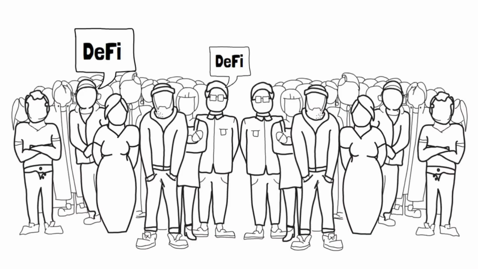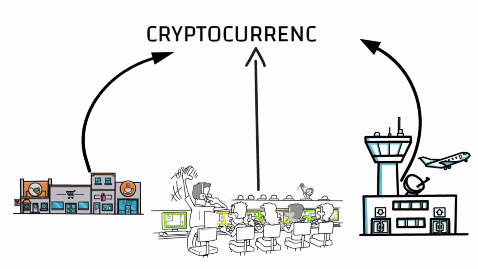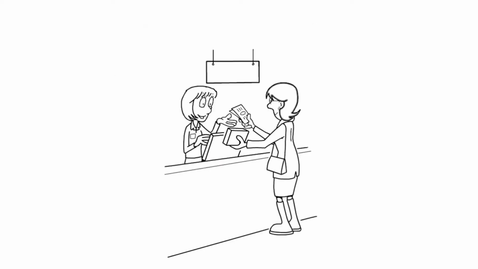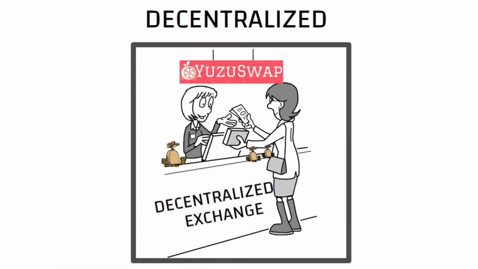Now, with the rise and massive adoption of DeFi, many projects were being launched on various blockchains or ecosystems, and many financial operations were needed to be carried out with cryptocurrencies. So there was a need for decentralized exchanges where users can trade or swap their tokens at ease and still maintain a decentralized environment.